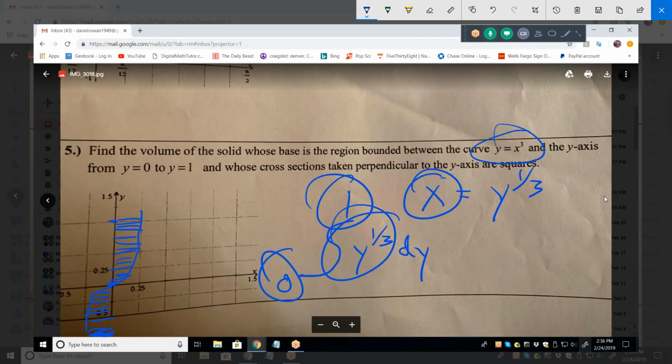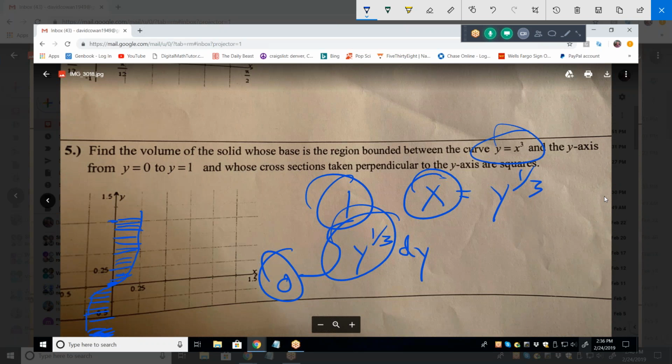If you're looking at area, it is going to matter. But when you're looking at volume, notice that these squares come out of the page at you. So the volume is only positive.